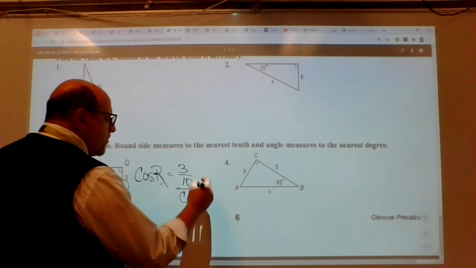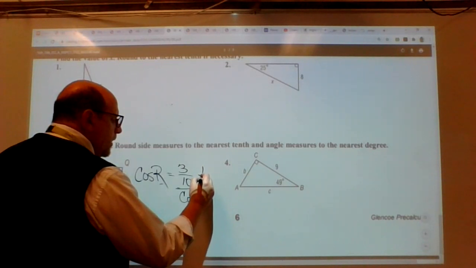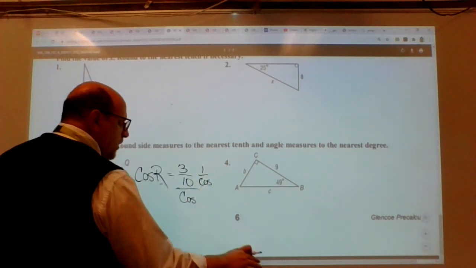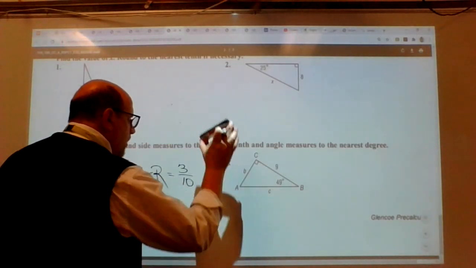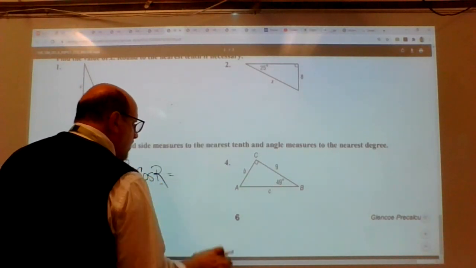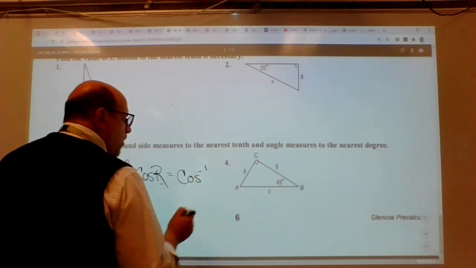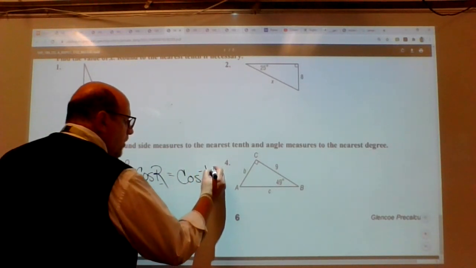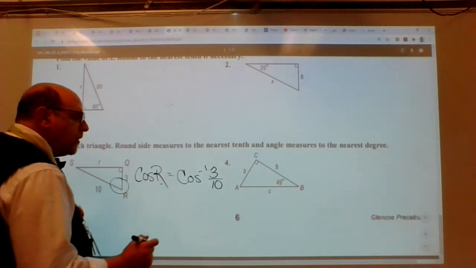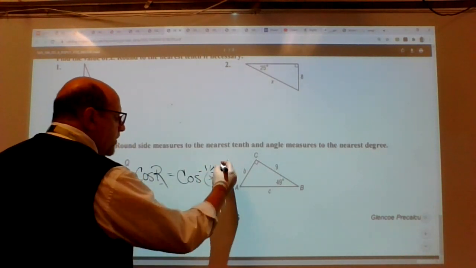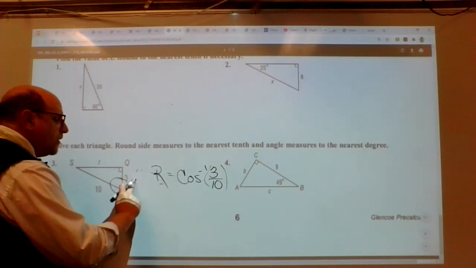Well, when we divide by a fraction, we multiply by its reciprocal. So wait a minute. 1 over cosine. Hey. If we take the inverse cosine, oh, there you go, times that same ratio, right? We put that into the calculator. That's going to give us the angle.